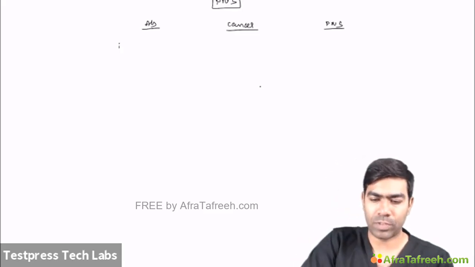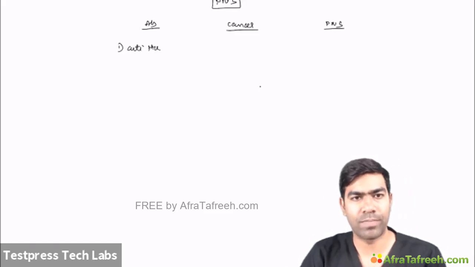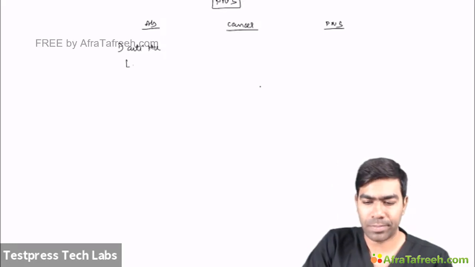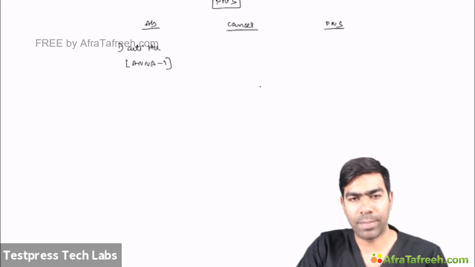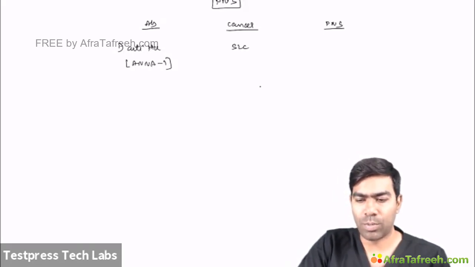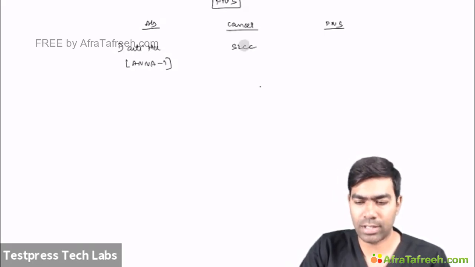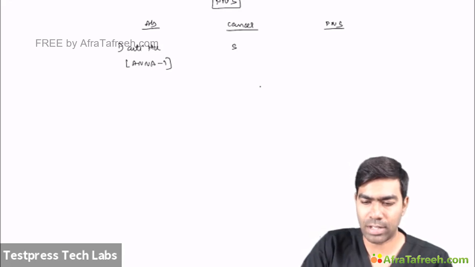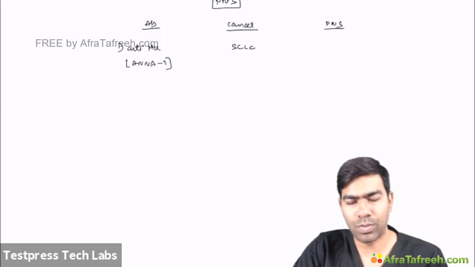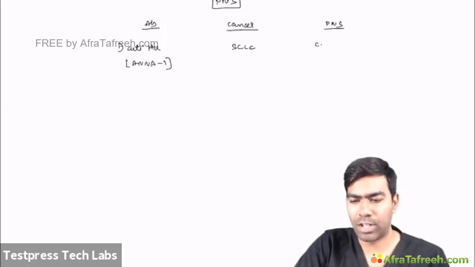First one is the anti-Hu antibody. This is also called ANNA-1, anti-Hu antibody. The usual tumor of origin is small cell lung cancer, SCLC. Typically they tend to produce cerebellar degeneration.